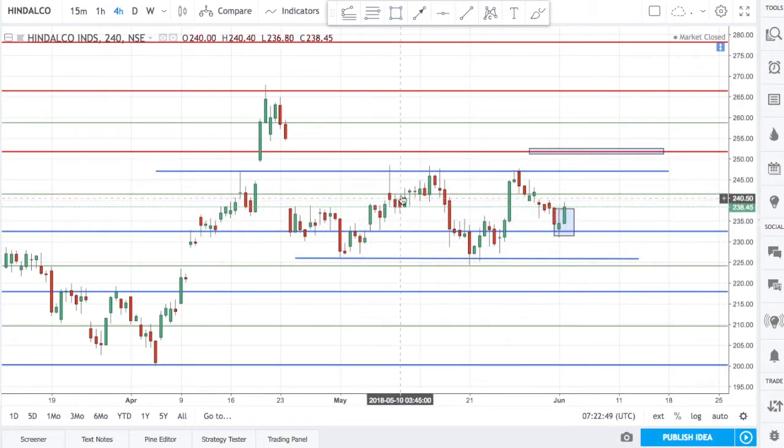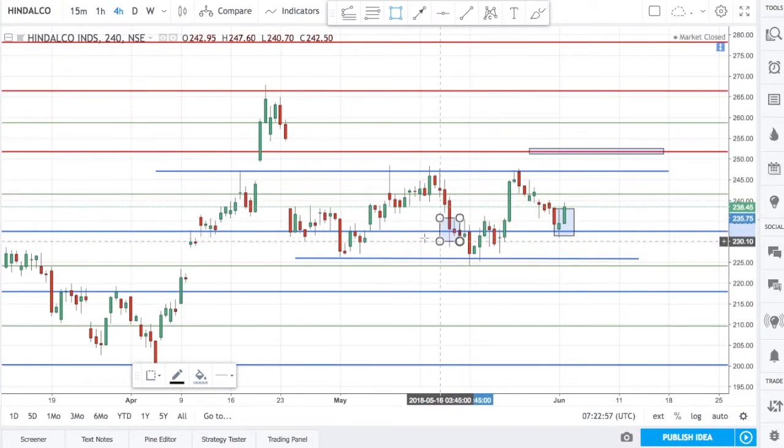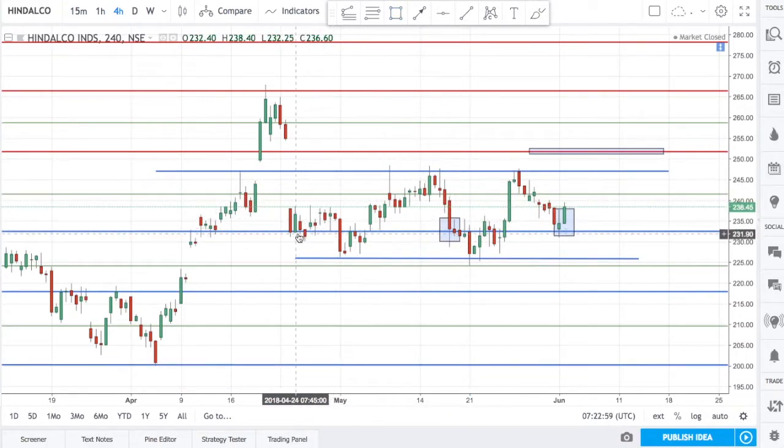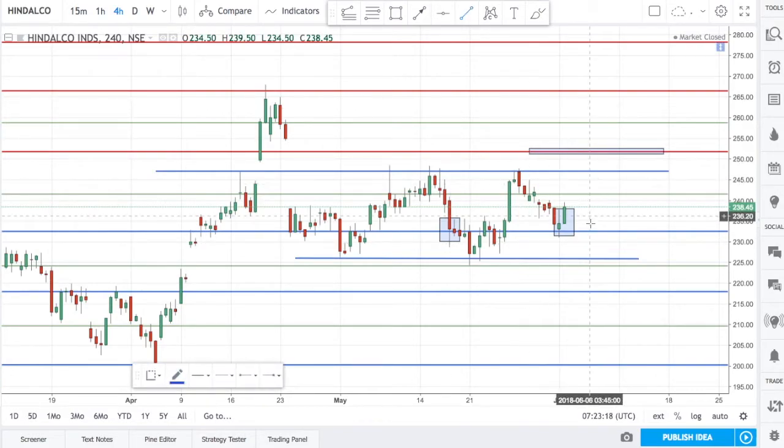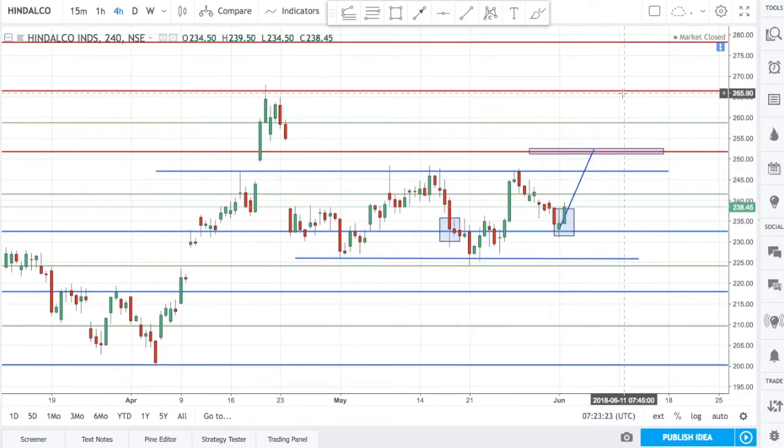In those cases, the price moved up, retraced, and we had this bearish candle. So this time around, we have a strong bullish candle after a retracement, which tells us it is highly likely for the price to push into this zone this time around.